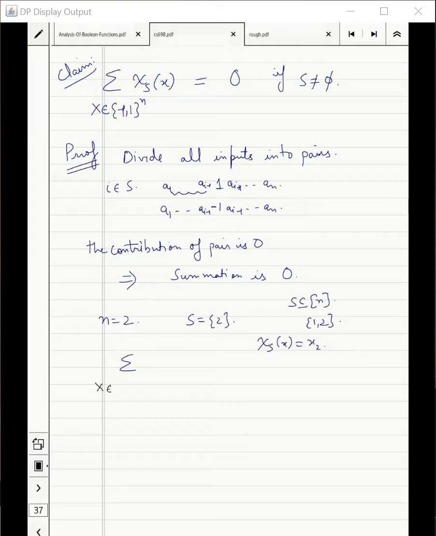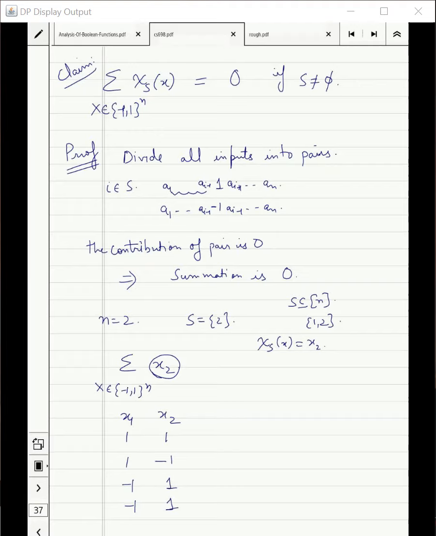Now I'm saying, what is this quantity? If I look at the inputs, I will divide them on the basis of x2. And what if the size of S is greater than 1? Pick your favorite variable.